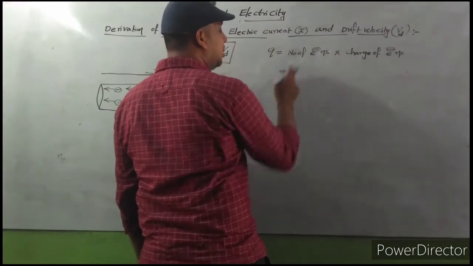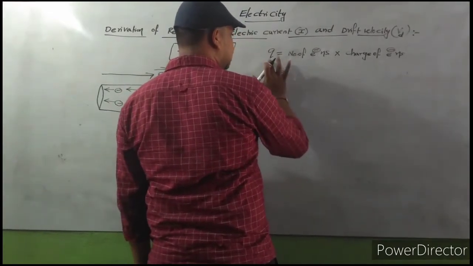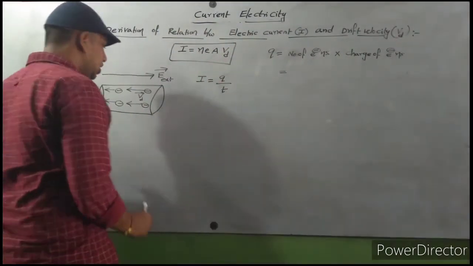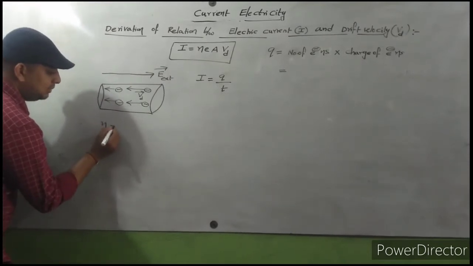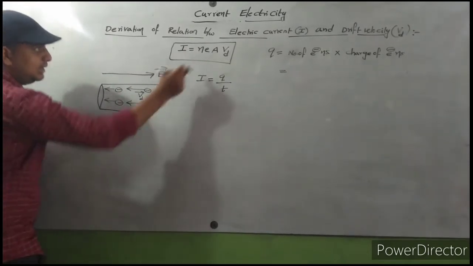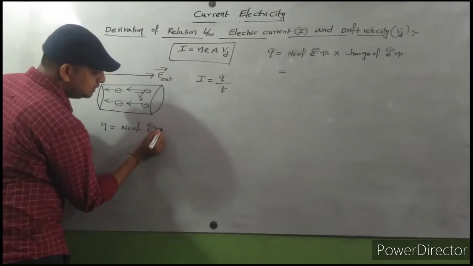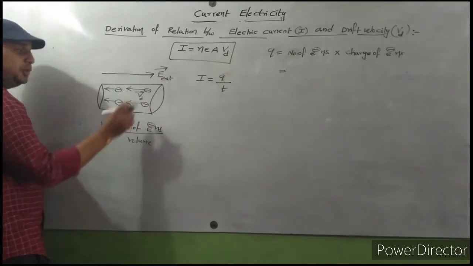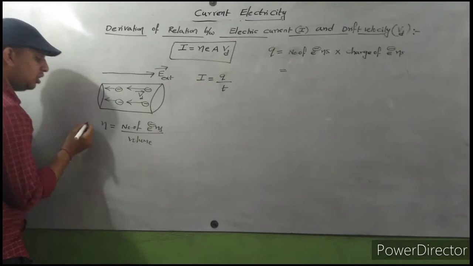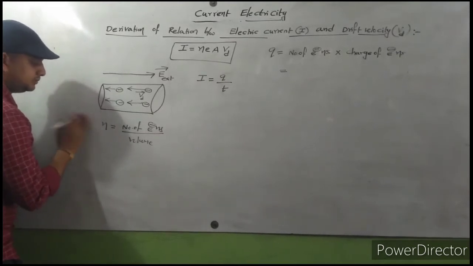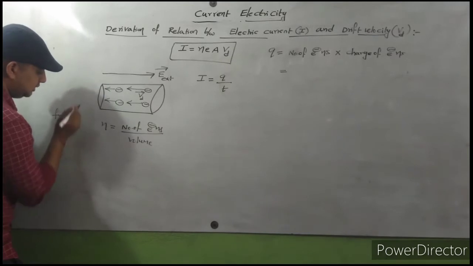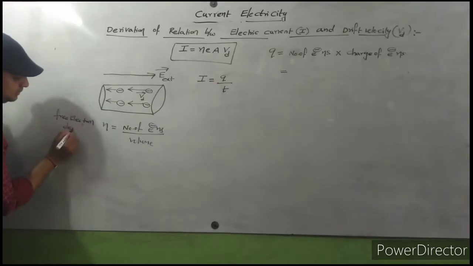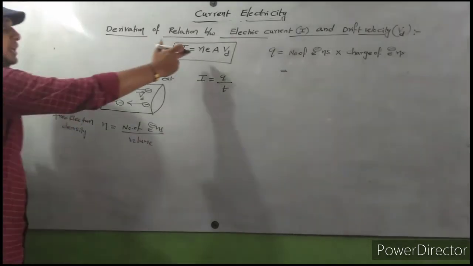You know already, number of electrons we are finding in charge Q is equal to number of electrons into charge of electron. Number of electrons, how to find? Here n is nothing but number of electrons per unit volume, also called free electron density. n is not a number of electrons.